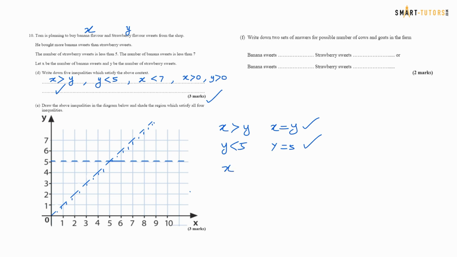Next one, x is less than 7. So we need x equals 7. x equals 7 is a vertical line passing through the coordinate 7. So that's the one. Again, this one needs to be rubbed off.